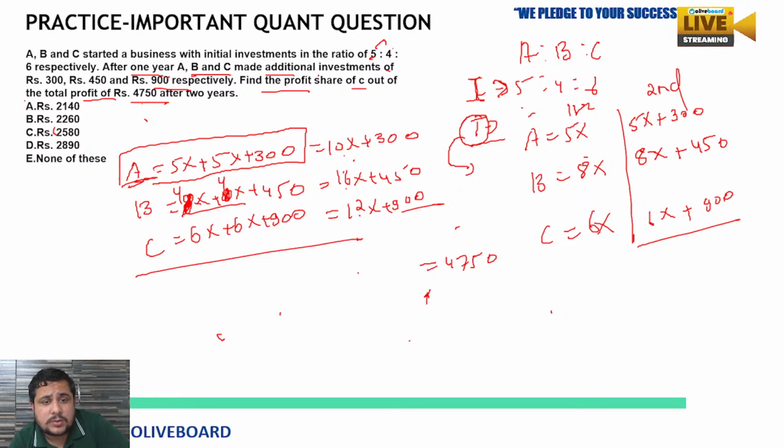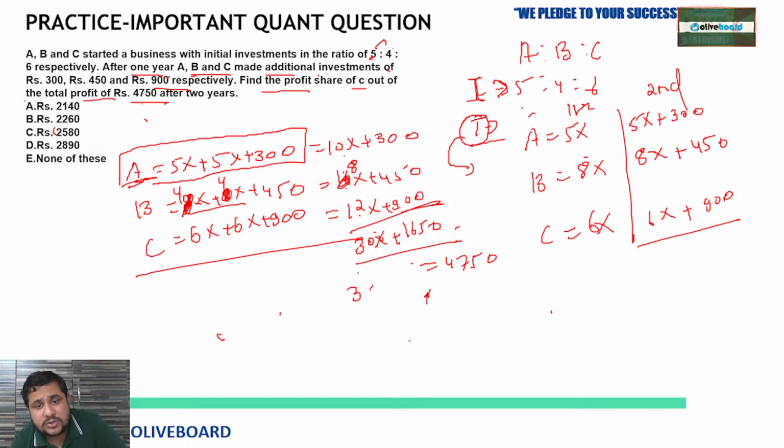I took some wrong value. 4x, 4x. Yes, it is. Now it's clear. 30x. Total must be 30x plus 1650. Clear to all of you? Is this clear? So this is the total, right? In profit ratio also 30x plus 1650. So 1650 can go there. So 3100 is 30x, single value, right?